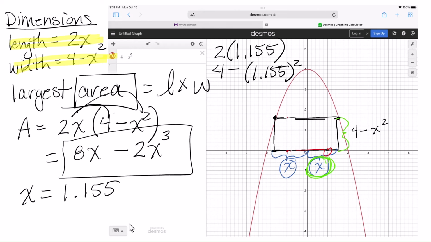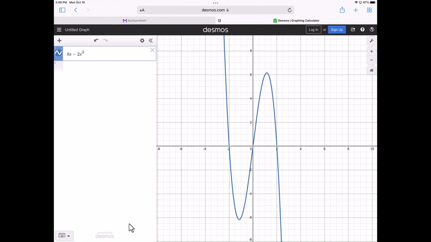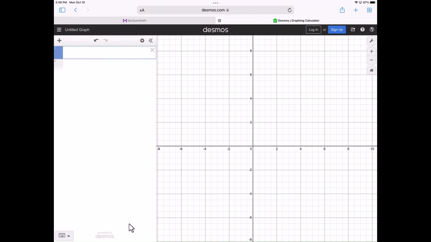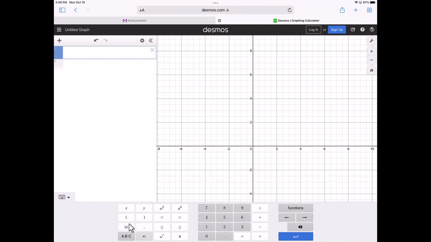I have forgotten my calculator at home, so let's just look here on Desmos. If I had 2 times 1.155, oh okay, good, that works. That's 2.31. So my length is 2.31.